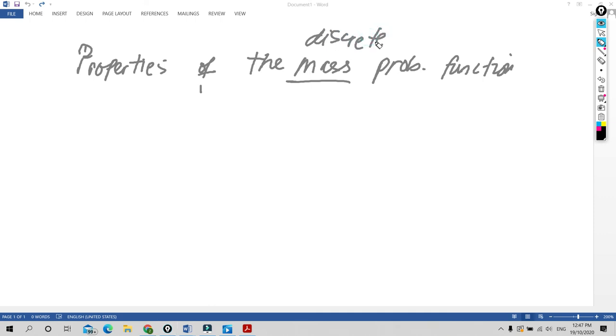If you have a continuous one, we refer to density.